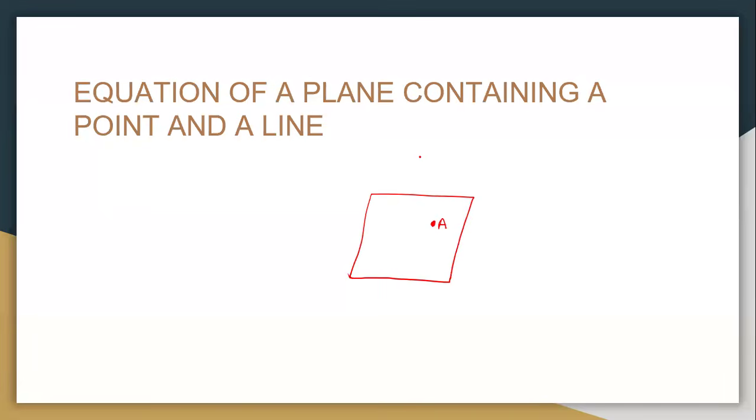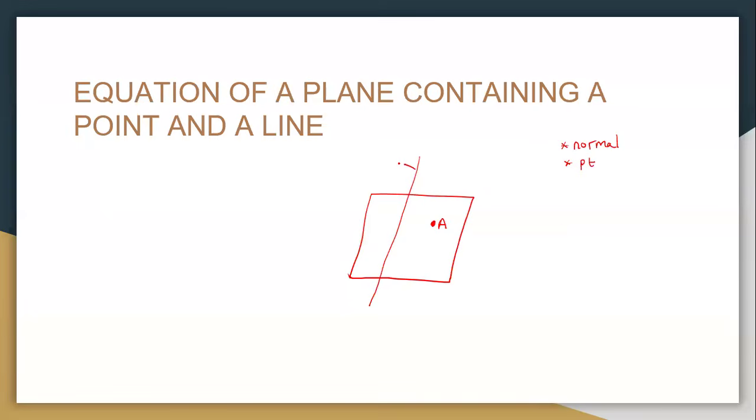If I want to obtain the equation of this plane, there are two important things you have to do. One, you must be able to know the normal to the plane. Number two, you must know at least a point on the plane.